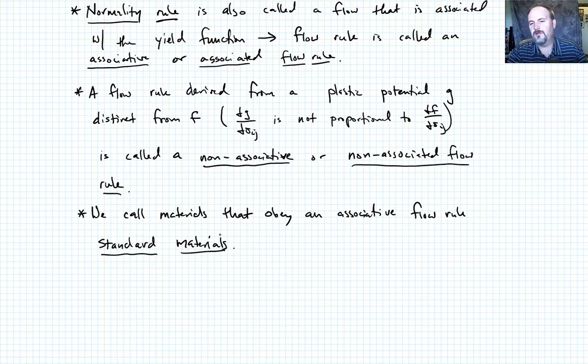Let's try to think backwards here really quick. Why are they called standard materials? Well, what we began with was Drucker's postulate, and then we moved through a couple of different postulates to ultimately the maximum dissipation postulate. From that, we were able to talk about the normality rule, which we just used here. Drucker was trying to very carefully define stability.